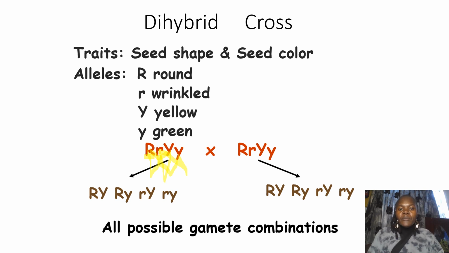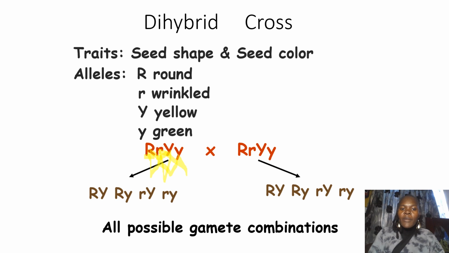The same will go for, remember, the male and the female. They have to contribute equally. So at this point, you'll have the male and the female with the same number of gametes.